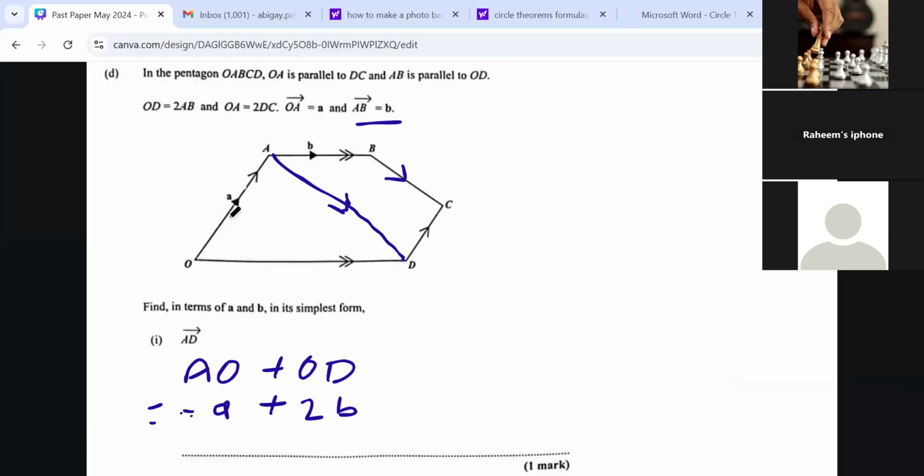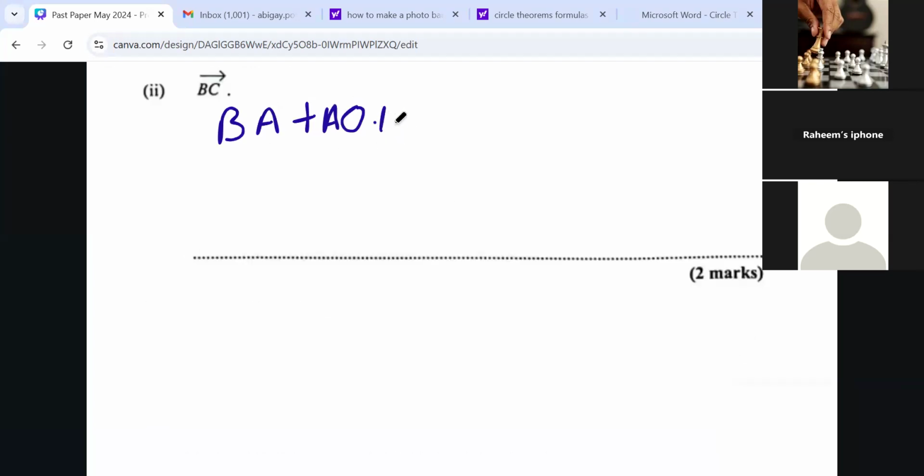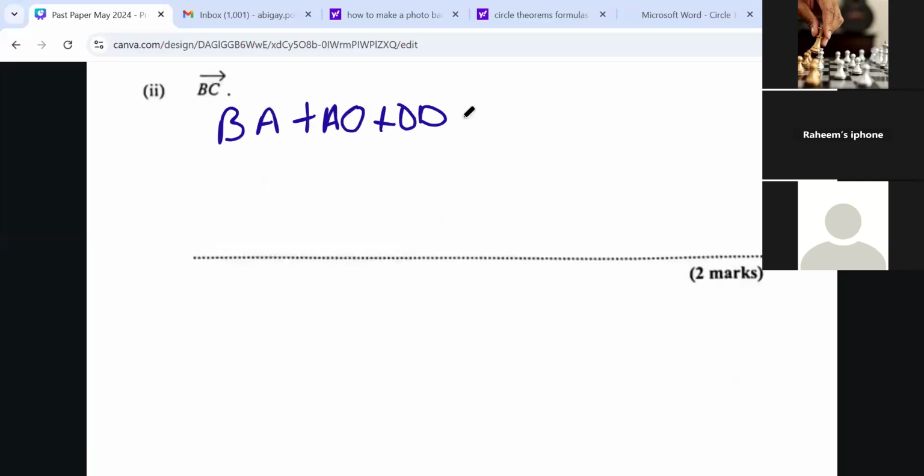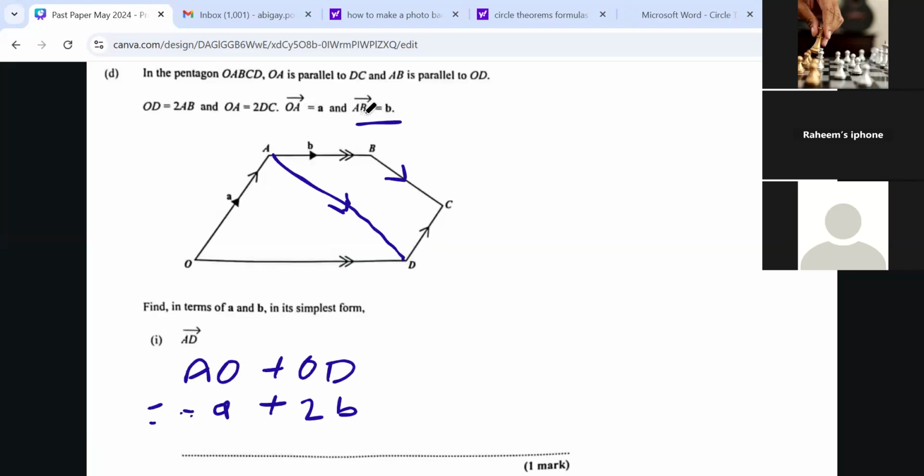And then I go from O to D. Then I am going from D to C.